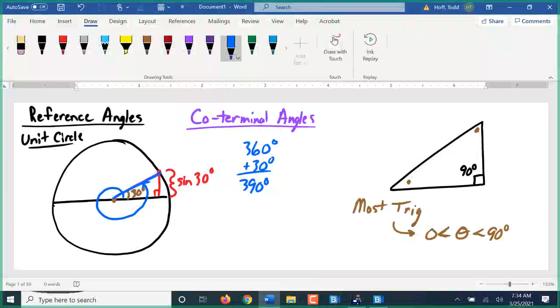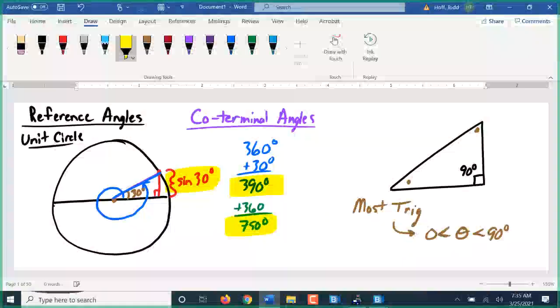The angle is going to have the coterminal side in that same spot every 360 degrees. So we have 390 degrees. We could add another 360 degrees to get 750 degrees. That would be the same terminal side. And we could keep adding 360 degrees. All of them are going to have that same sine because their terminal side is in exactly the same place.